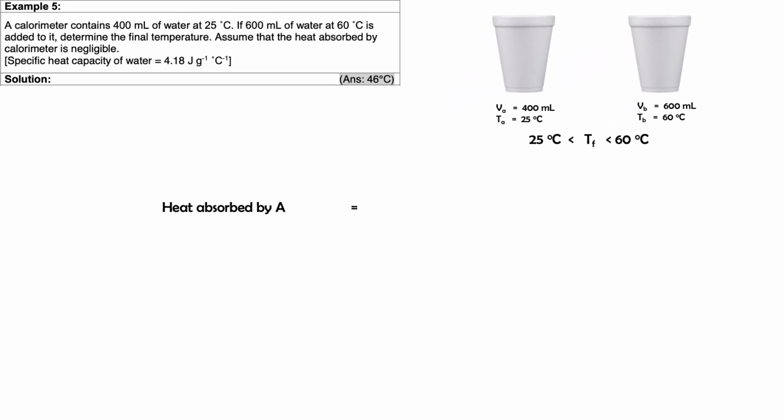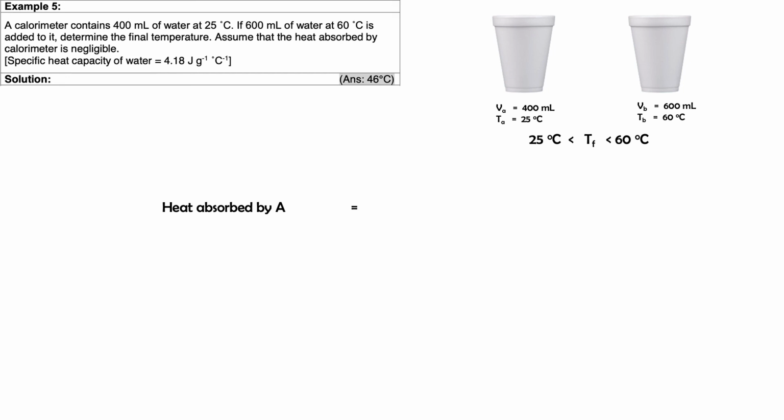We assume that water in cup A will absorb the heat, because initially it's 25 degrees Celsius. After mixing with water from cup B, the temperature will increase, which means the water in cup A is absorbing heat.